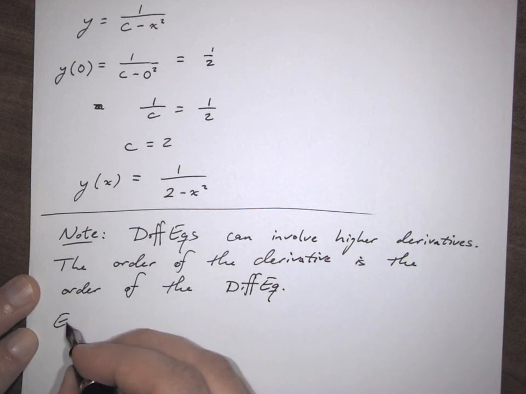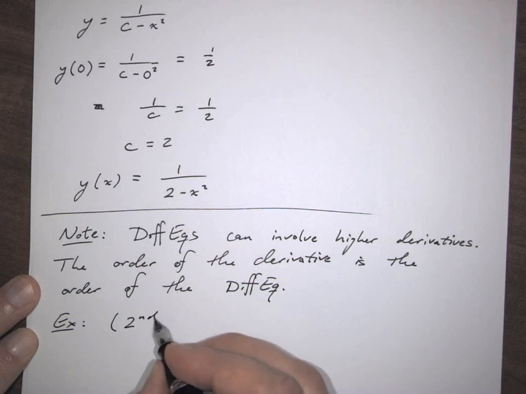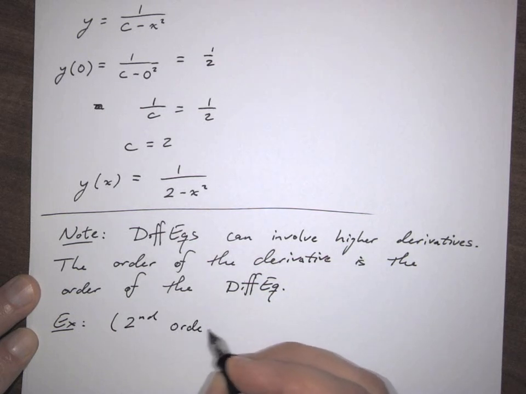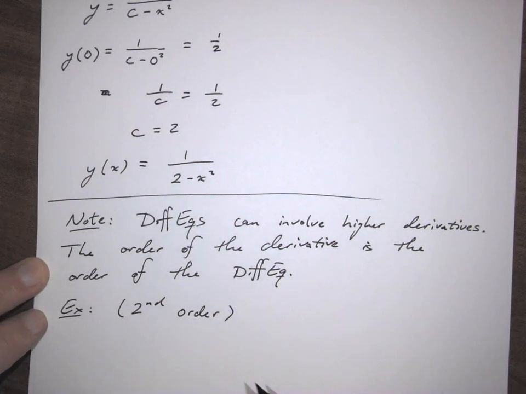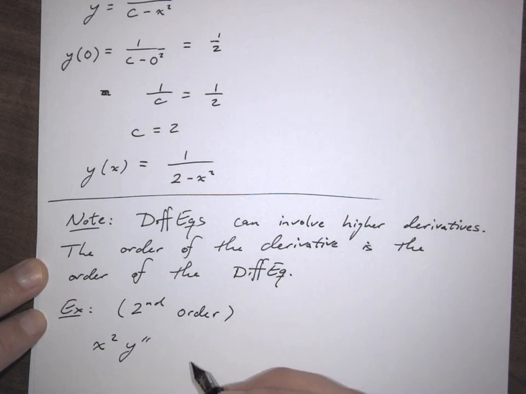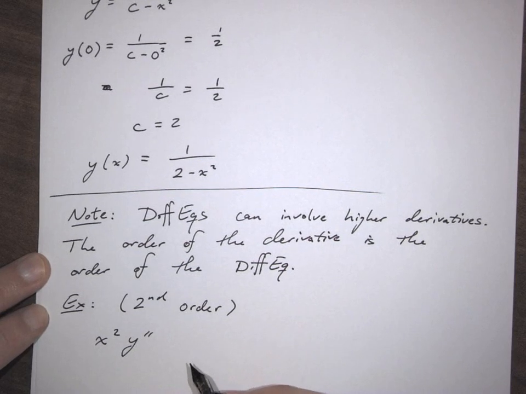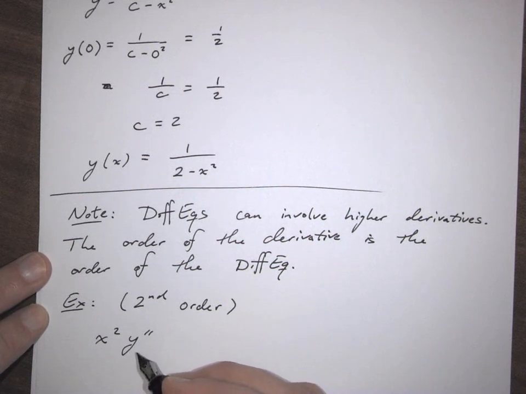So an example of a second order equation would be something along the lines of this. Could have x squared times y double prime, and here, as usual, when I have x's and y's floating around in the same equation, I'm assuming that y is a function of x and that the derivatives of y are the derivatives of y with respect to x.